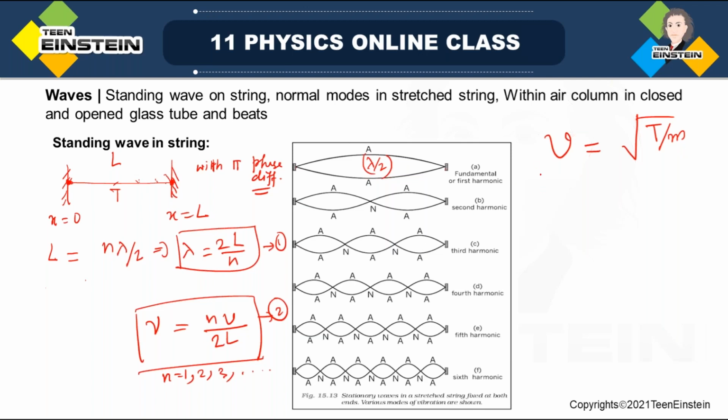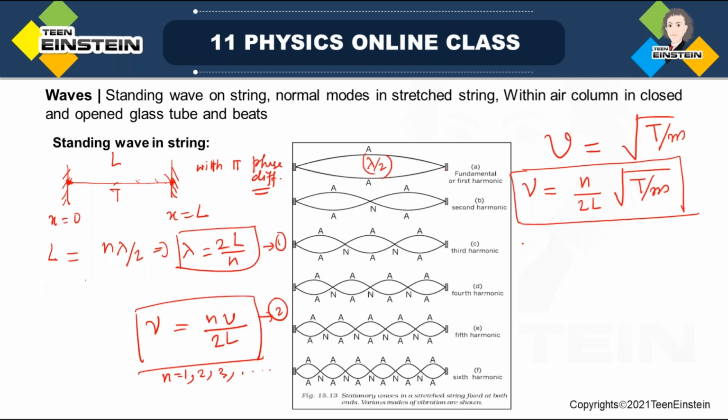Then we can write this expression for frequency: n by 2L into root over T by m. So this is the expression for the frequencies which can be obtained in a straight string.